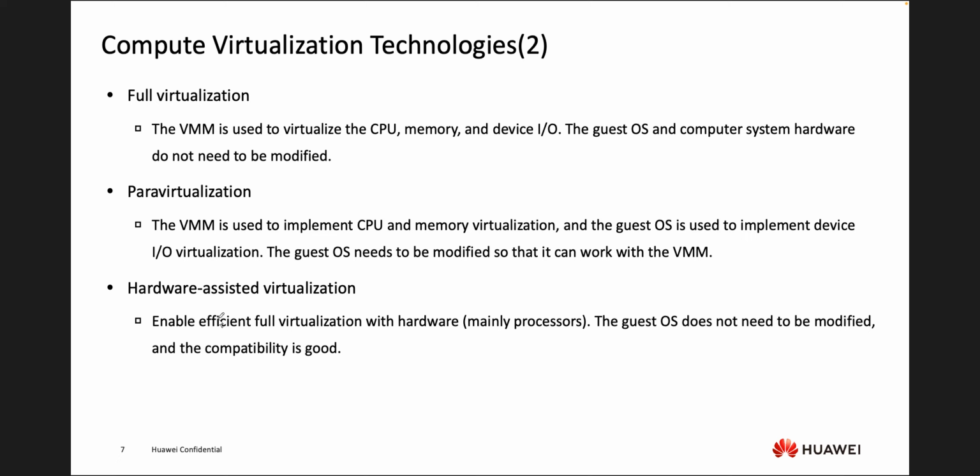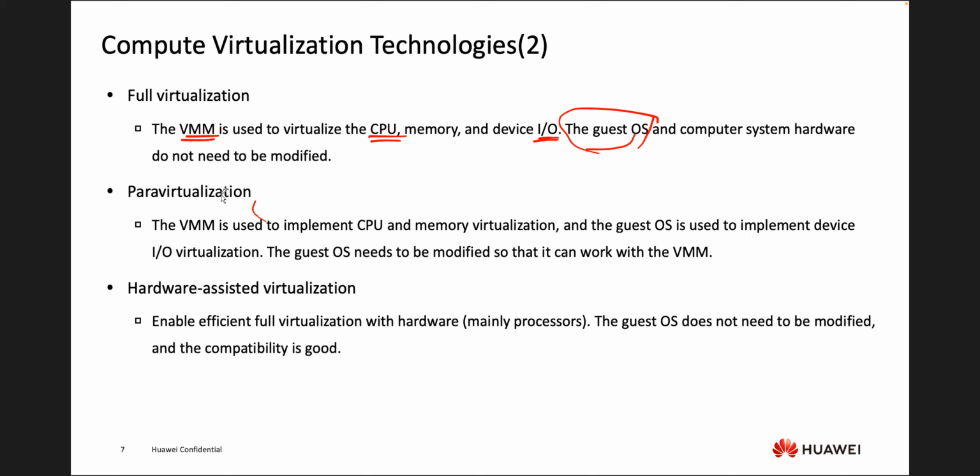Right, so when we look at the three again, just to refresh, remember we said that full virtualization is we use the virtual machine monitor to virtualize the CPU, memory, and the device input, output, and then you have a guest OS and the computer hardware that doesn't need to be modified. That was the full virtualization.